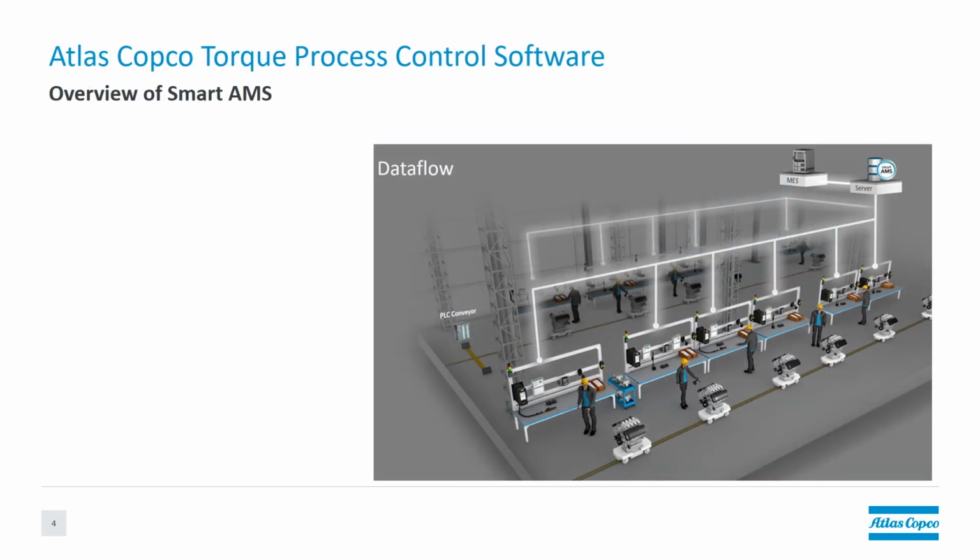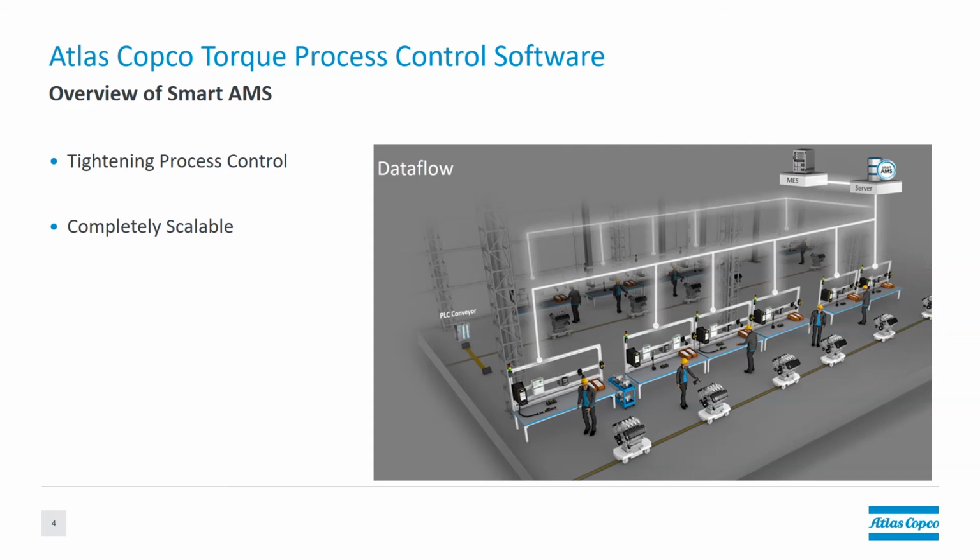Next, we're going to take a quick look at the overview of Smart AMS. Tightening process control. Smart AMS controls the tightening process while reducing engineering and maintenance efforts using only one interface between Smart AMS and your MES, to exchange build information and to send back production results. It's completely scalable.